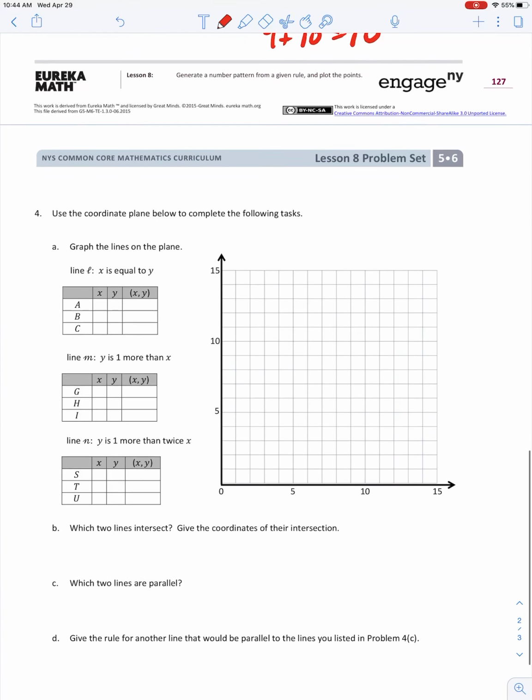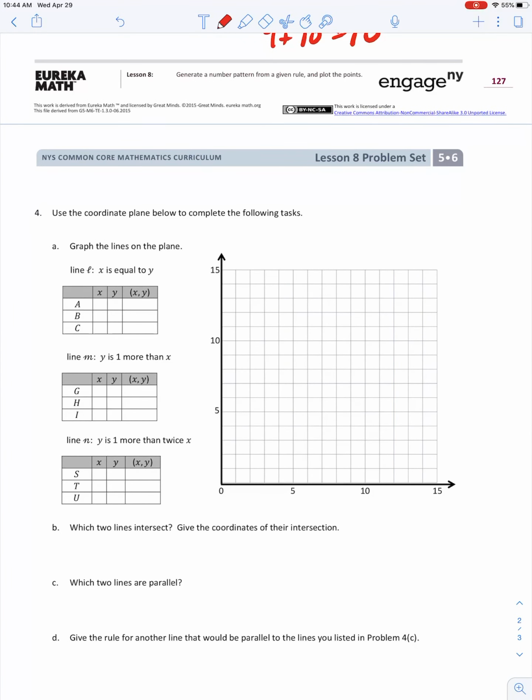Then the last page gave you 3 different setups. So this is x is equal to y. So if x is 1, y has to be 1. If x is 2, y has to be 2. This one here is y is 1 more than 1x.